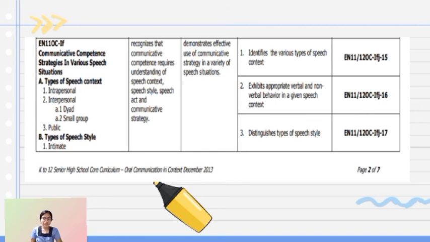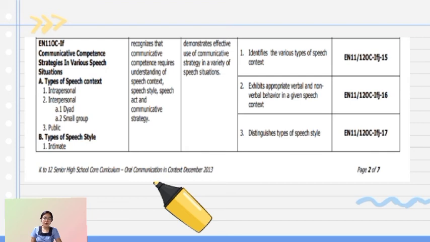And when it comes to the performance standards, they have to demonstrate effective use of communicative strategies in a variety of speech situations. The learning competencies: number 1, identifies the various types of speech contexts. Number 2, exhibits appropriate verbal and nonverbal behavior in a given speech context. And number 3, distinguishes types of speech and styles. So, ito yung example ng curriculum guide ng K-12, particularly, kaya nga nung sinabi ko kanina, ng senior high school.